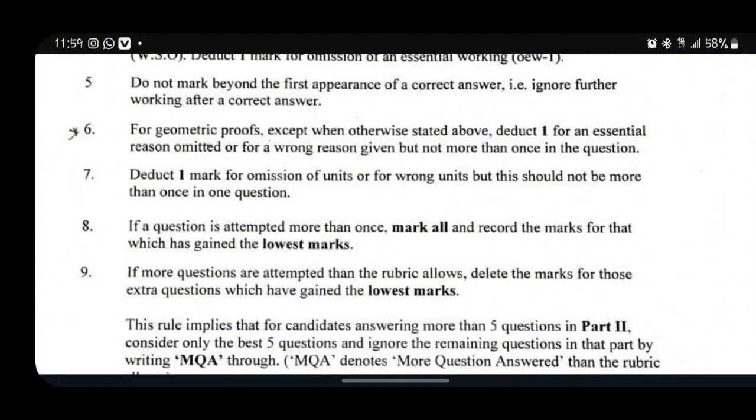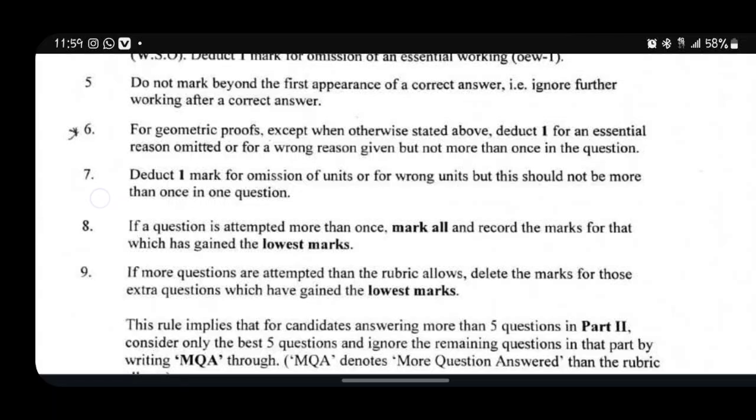If that student does not do this, if he has omitted that proof, that reason, or the reason is wrong, then the student loses 1 mark for an essential reason omitted or for a wrong reason given. Though this is not more than once in a question.